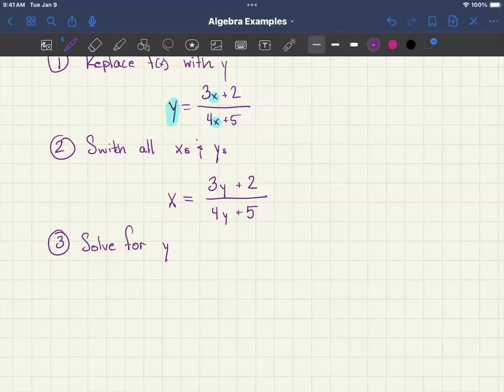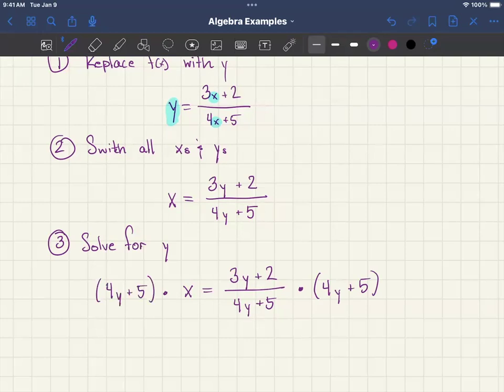The way that we're going to do that, and I'm just going to do that step by step so that we see everything out, is we are going to start by multiplying by our denominator on both sides. Remember, if you have an equality, what you do to one side, you have to do to the other side to keep your equality.